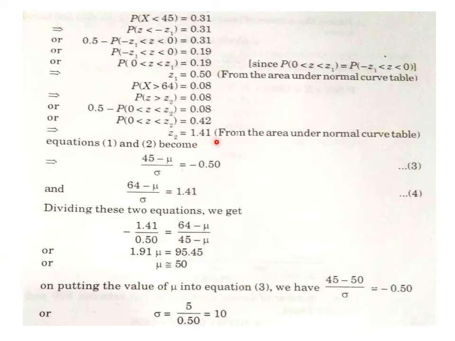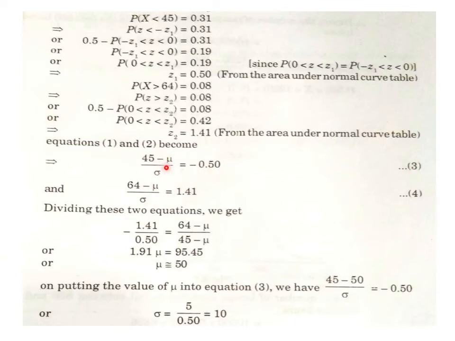Now using these values of z1 and z2, we have to substitute them in equations 1 and 2 of the previous slide, and by substituting z1 and z2 at particular places in equations 1 and 2, now we have two equations 3 and 4 in two unknowns, mu and sigma.